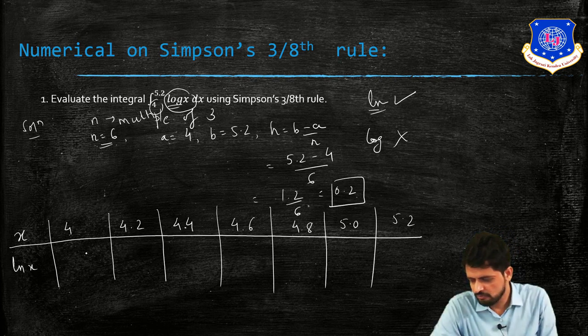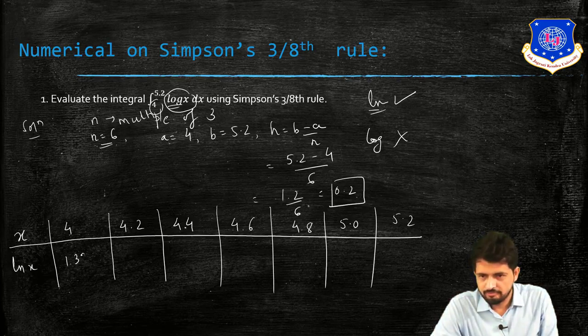See, find the values. ln of 4, what is the value of ln 4? ln 4 is 1.3863.